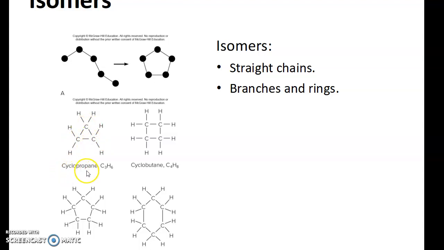So you can have cyclopropane, cyclobutane, cyclopentane, cyclohexane. You can also have other isomers as well. If instead of having it all in a straight chain, you have one of the ones at the end attaching itself to something in the middle. We'll talk about those more later.